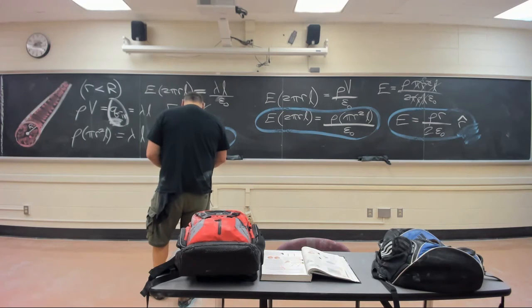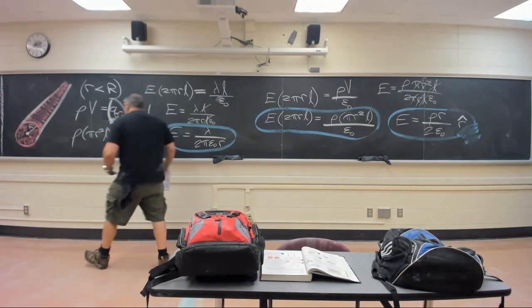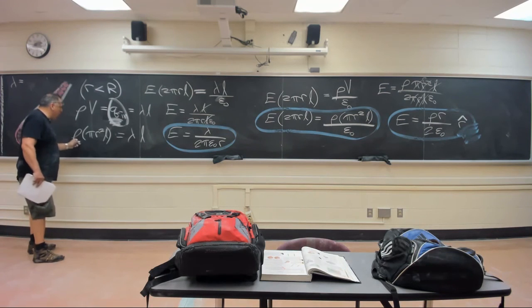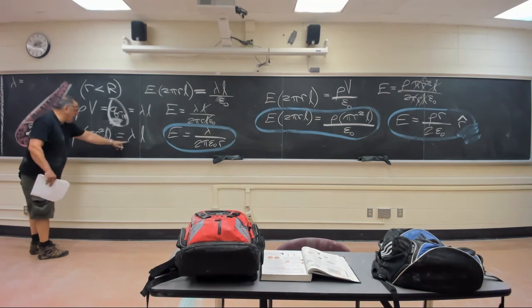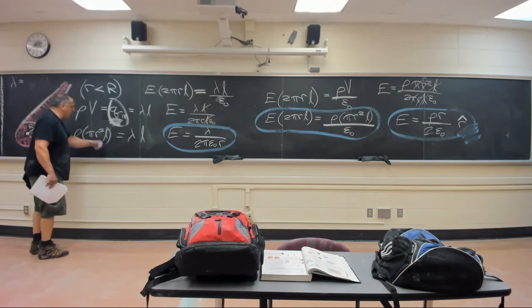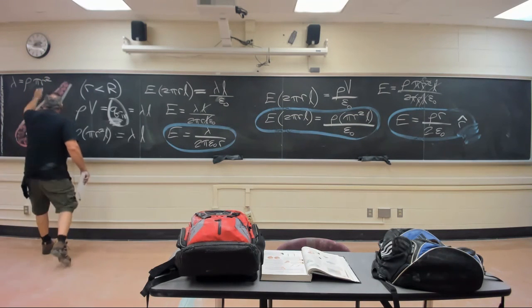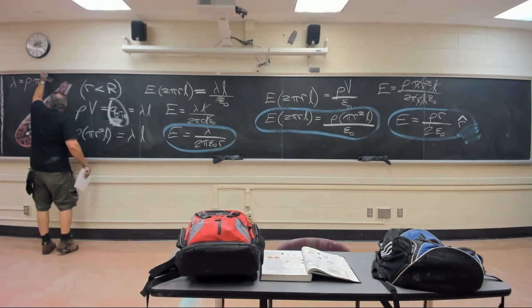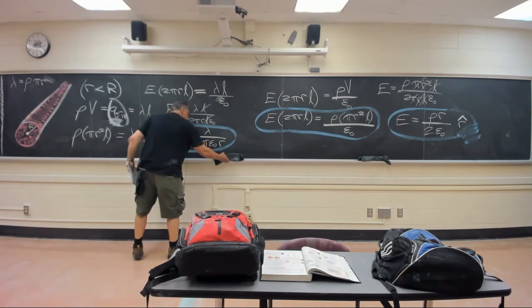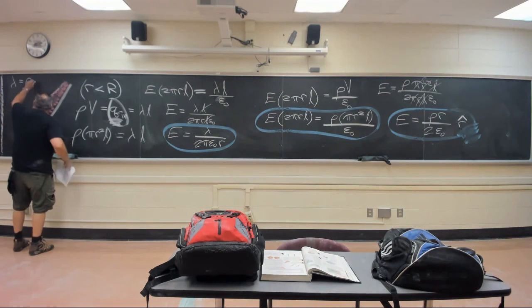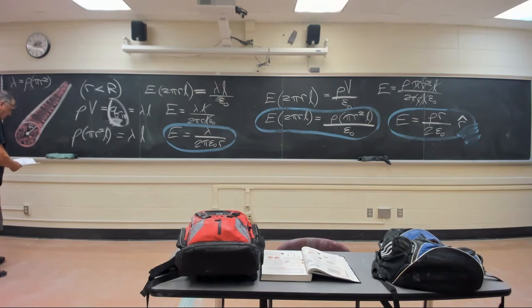If that's the case, lambda would equal rho pi r squared L divided by L. That's just rho pi r squared. True.